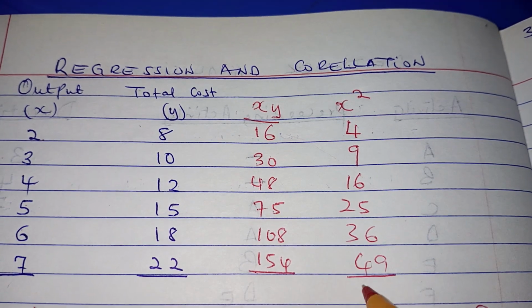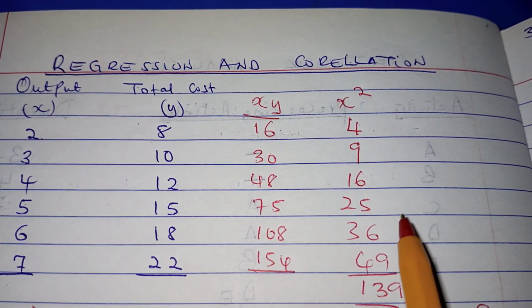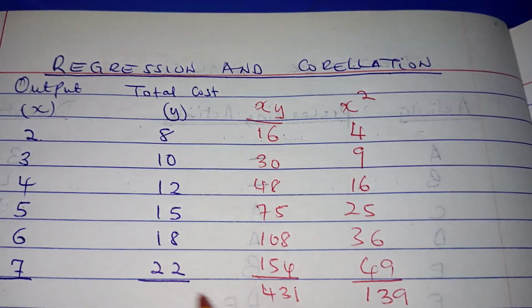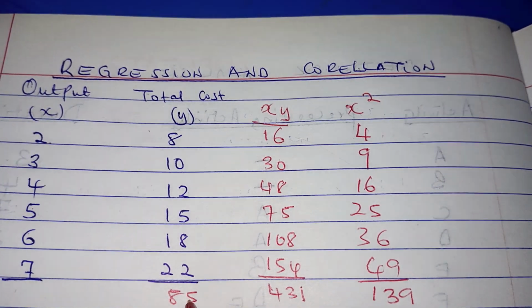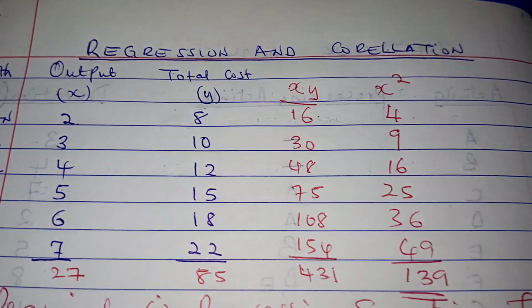The totals are 139 for the sum of x squared, for xy we have 431, for summation of y we have 85, and for summation of x we have 27.